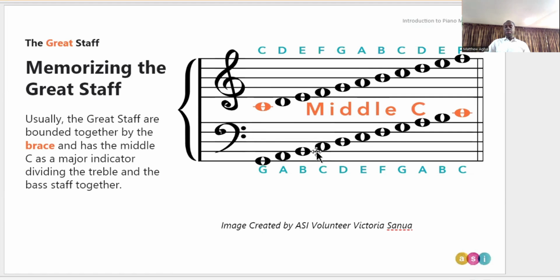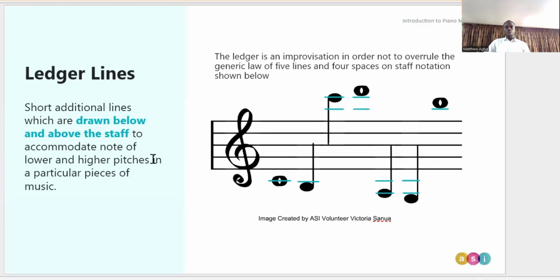So we look at the names of the notes written alphabetically in that order, same as that of the treble staff. We further looked at the short lines written above or below the staff to accommodate notes of higher or lower pitch.